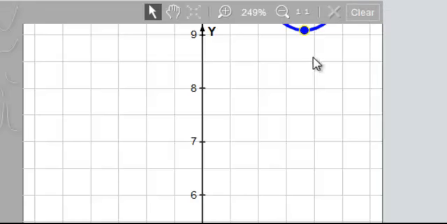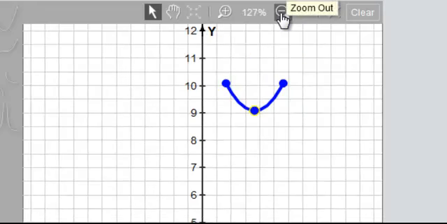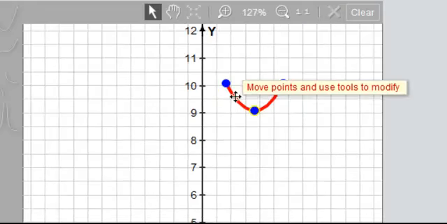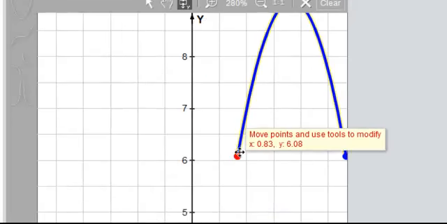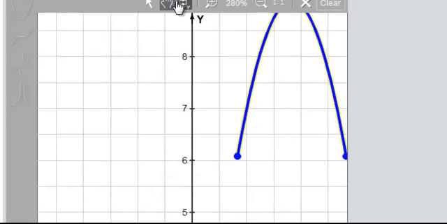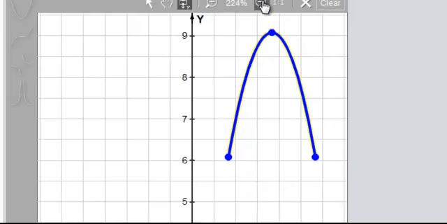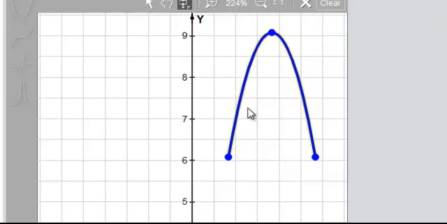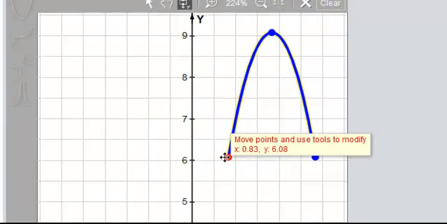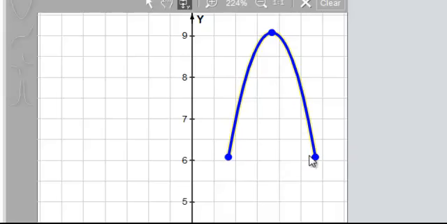There we go. Now let me zoom back out. So I got that correct. Now I need to click on the graph and then click on the scaling tool here, and that will allow me to do what I need to do. It took me a minute. I had to zoom in and get these points where I wanted them. So see here I got 1.83, 9.08, just like my graph told me. And here we went down to 6.08, so 0.83, 6.08. This should be 2.83, 6.08.